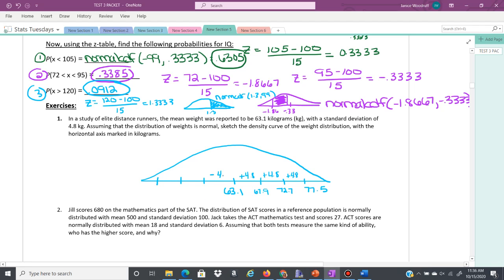Then here we'll subtract 4.8 on the left each time. So that's going to give us 58.3, 53.5, and 48.7. And that's it.